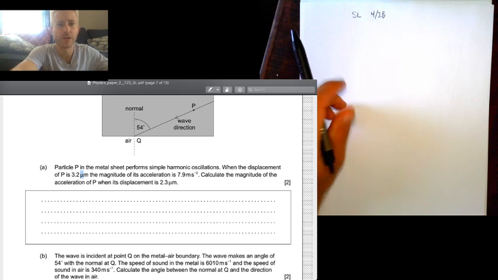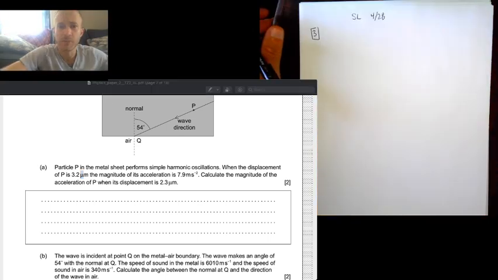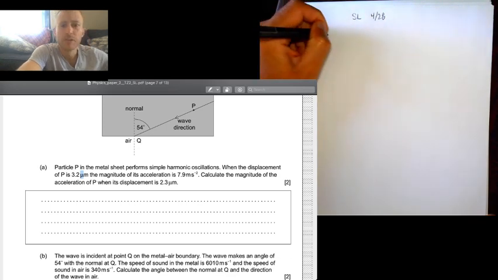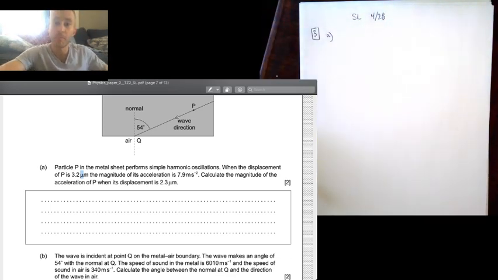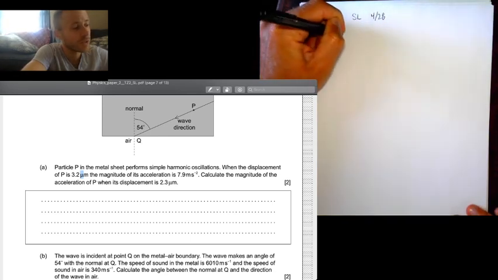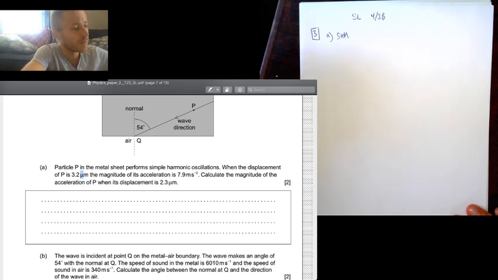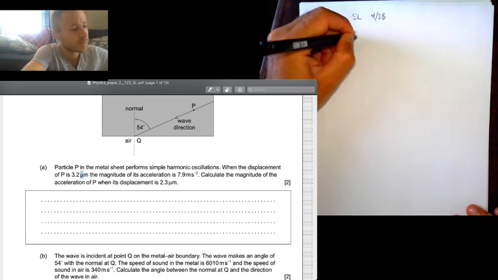Okay, so this is part A. One of the things about simple harmonic motion, which I call SHM, is that it has to do with the elastic force.